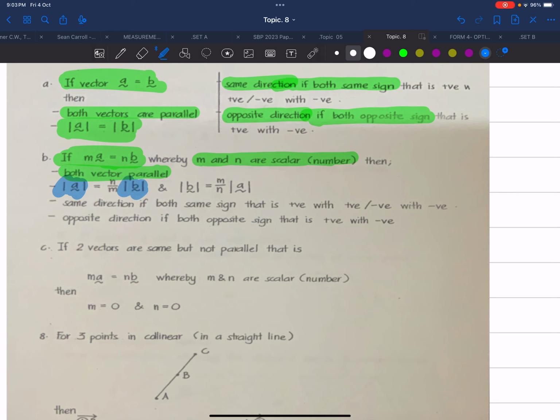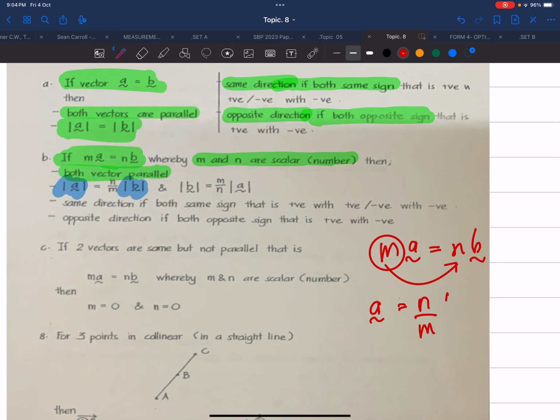And how I got this? I shall write this here. If I have m vector A equals to n vector B, I transfer the m from the left hand side to the right hand side. So now I have that the vector A is n over m vector B. So the magnitude of the vector A is n over m of the magnitude of vector B. So I just put the modulus line here.